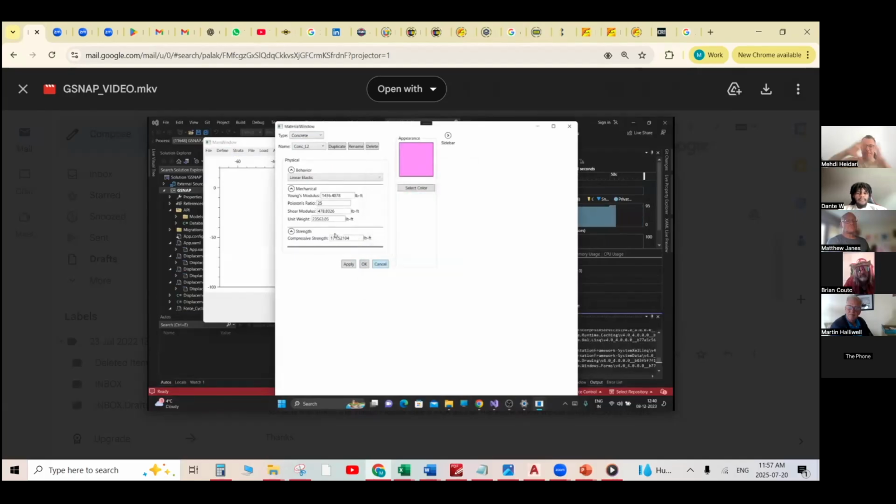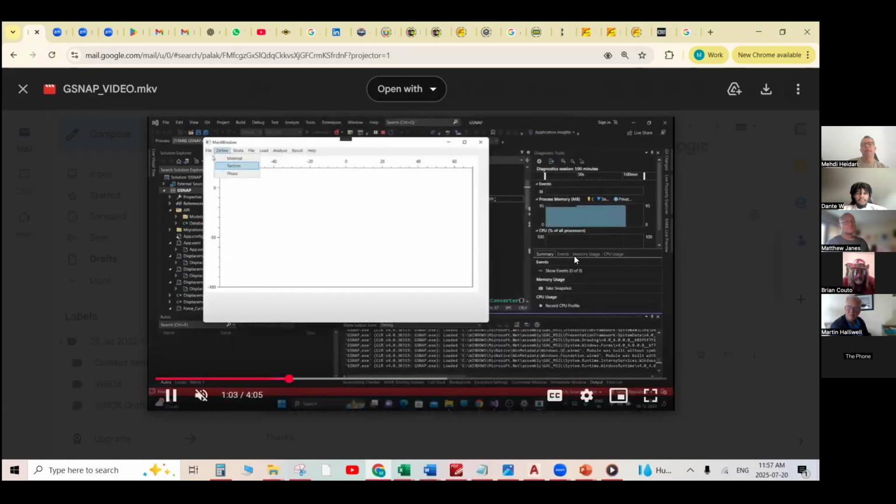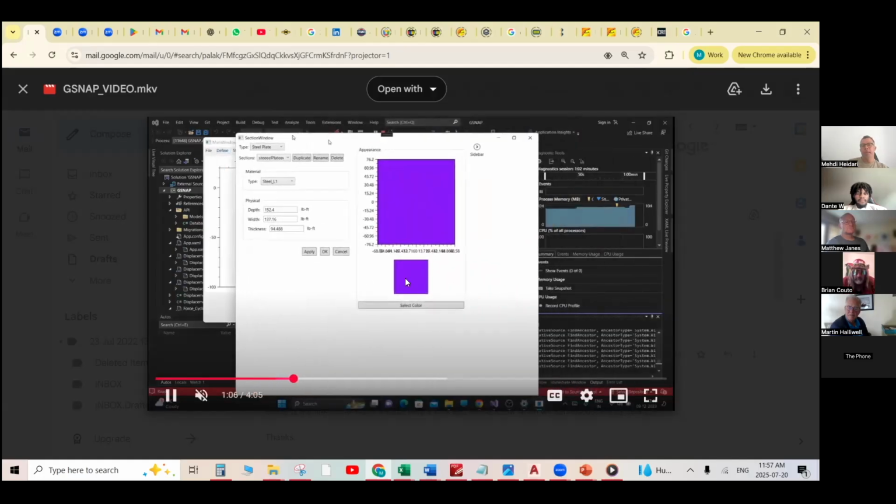I included most of the features from different tools. On the section side, this initially started with GSnap, and from that tool I tried to model most of the commonly used pile cross sections or pier cross sections in this version.